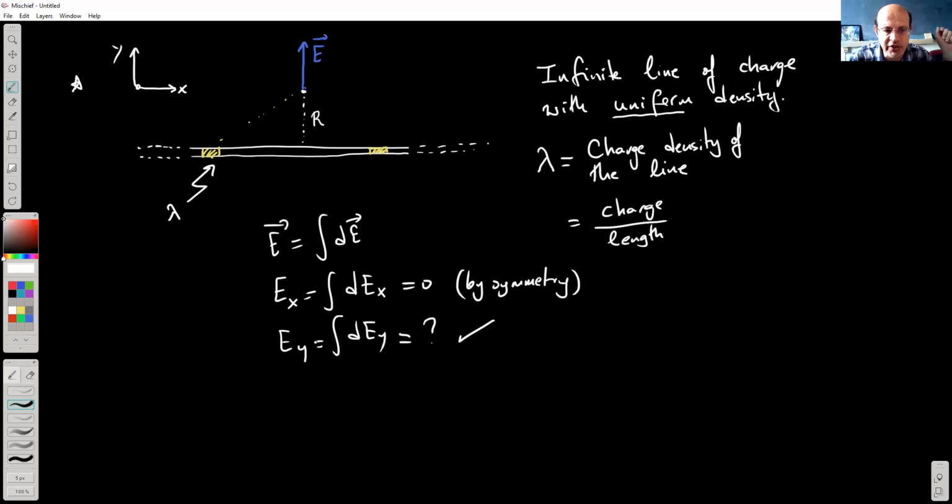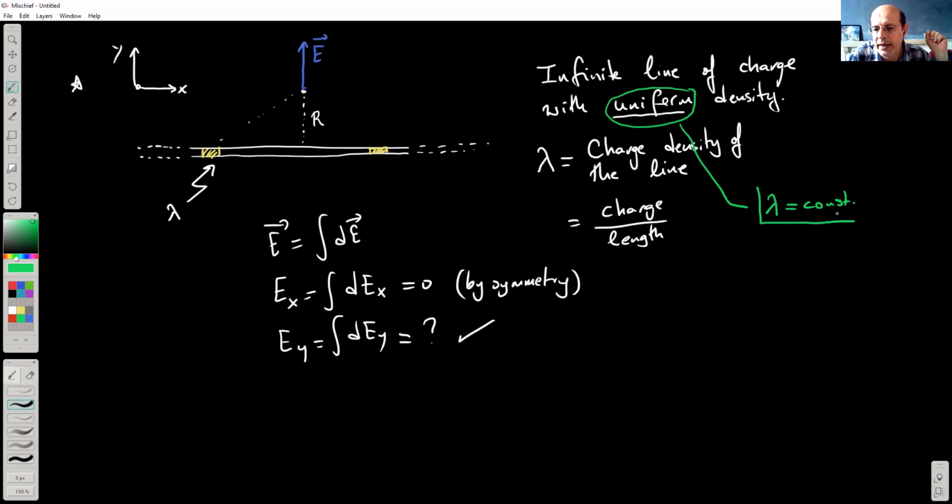I don't know if you have any questions in here. If you have any questions, please ask me. Let me add one more comment in here. I said that the line of charge has a uniform density. Uniform means this linear charge density is constant.